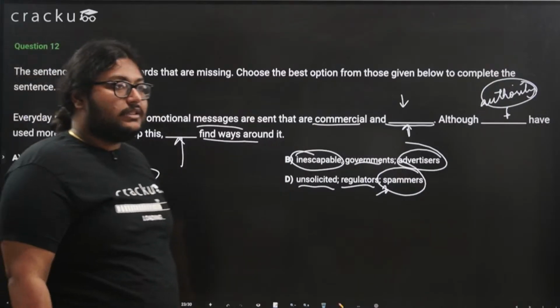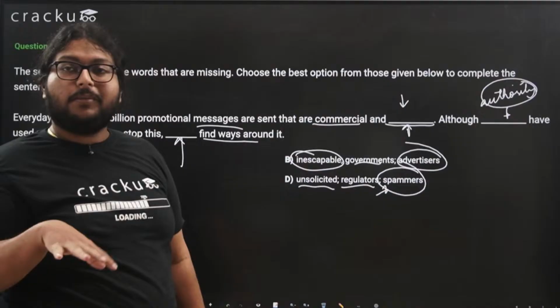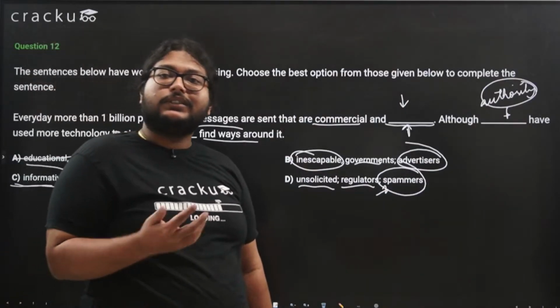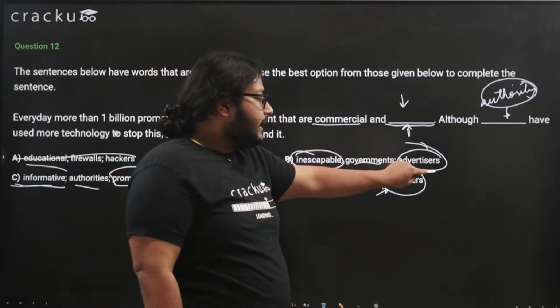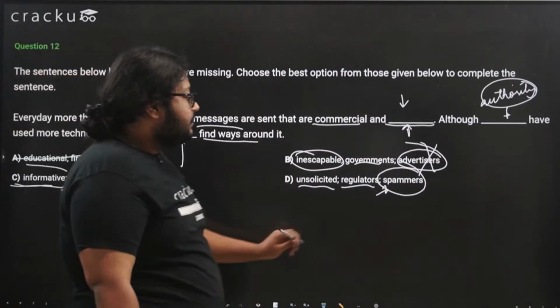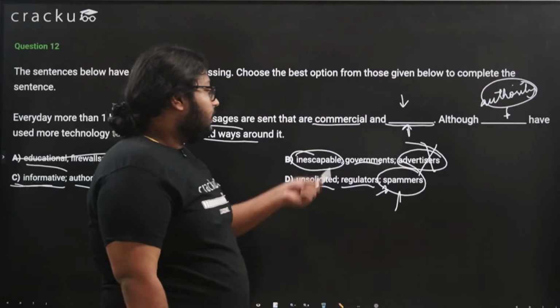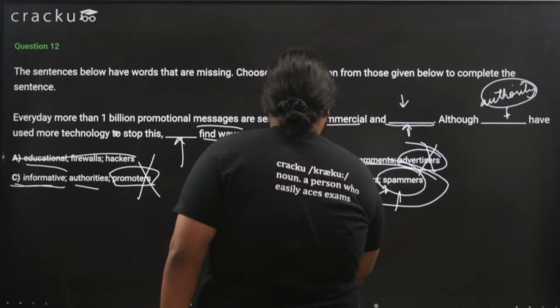Advertisers or promoters will be people who are under the law, so they will probably not do something unlawful. Spammers, on the other hand, they might. So contextually, we can reject advertisers and promoters. Spammers is the best choice here. So based on elimination, option D should be the best choice.